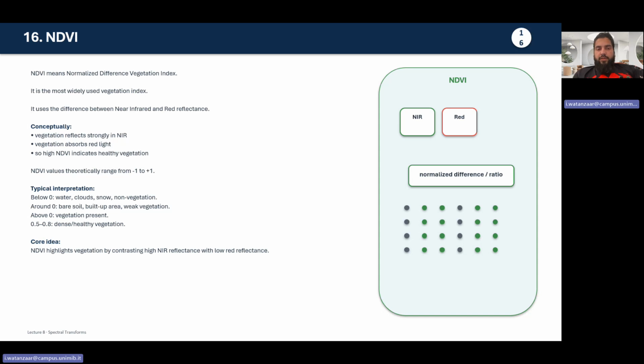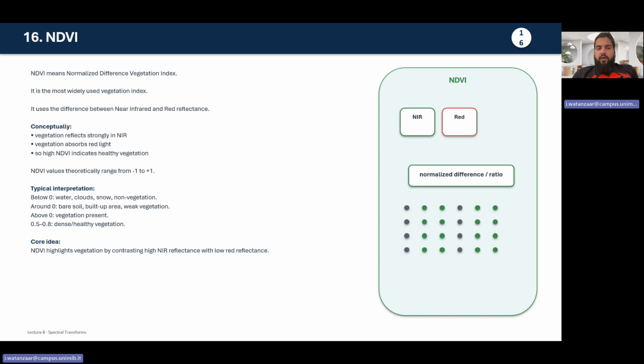The typical interpretation is that below zero is almost always water, because water absorbs both the blue and red bands and looks dark, which is why the value is below zero. We know that the electromagnetic wave can pass through water, so the bounce back is rare, and there is a chance that it looks darker.